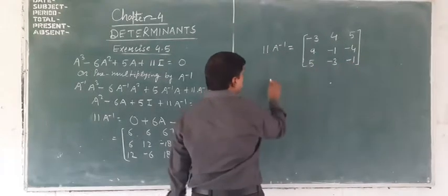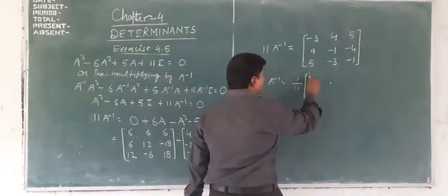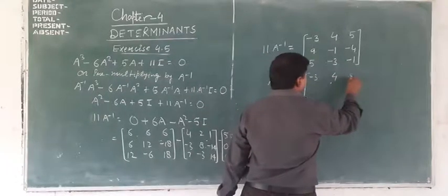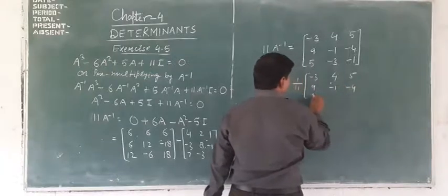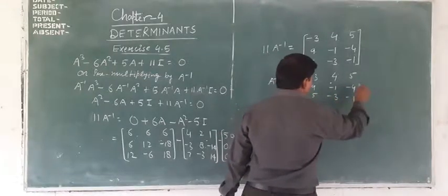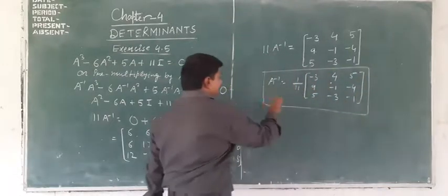Divided by 11. So A inverse equals 1 by 11 times the matrix: minus 3, 4, 5, 9, minus 1, minus 4, 5, minus 3, minus 1. So this gives the value of the inverse.